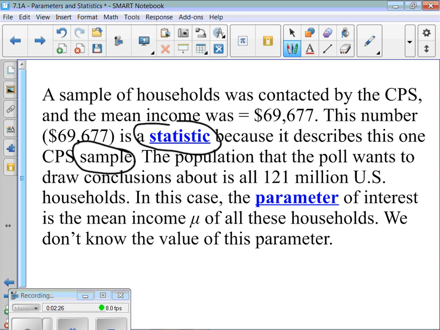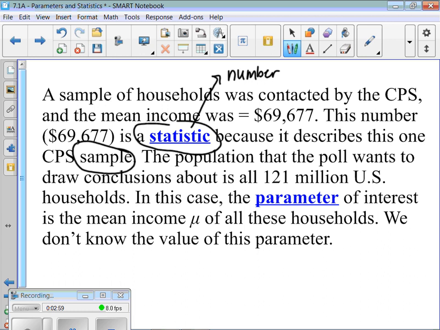S goes with S. Statistic goes with sample. Also, a statistic is a number. Sample is like a sentence. For this one, it's a sample of households, and the statistic that we got was the mean income, which was $69,677 in that particular sample. So we could get one sample that's $75,000, another sample that's $100,000.